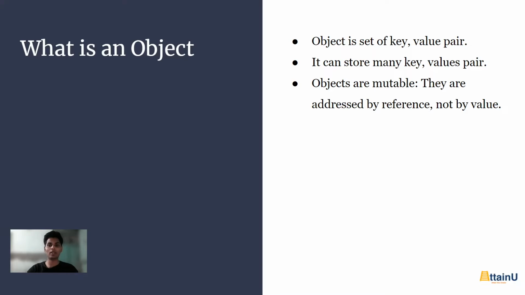So whenever you are calling that object, it is addressed by that memory reference, not by the value of the object. Because an object could have many key value pairs or it could be empty as well, but it is still an object. The things inside may or may not be changed, but the container for that is fixed in our memory. So basically that is why they are addressed by their reference, not by their value.